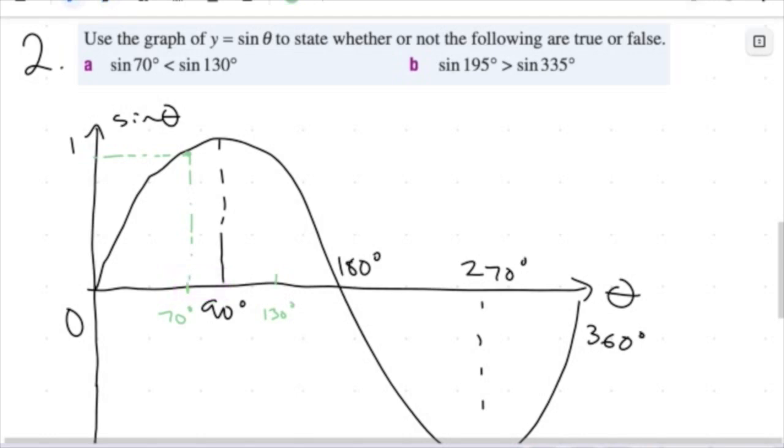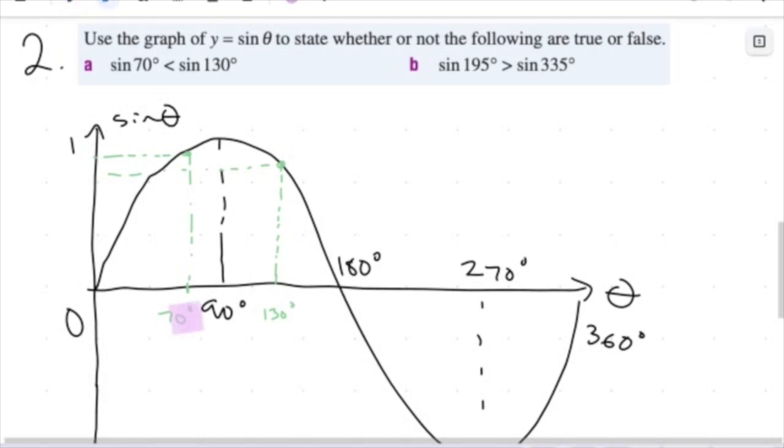So if I draw that up, I'm trying to see which one gives me a bigger trig ratio. And my trig ratios are given on my y-axis. And I can pretty clearly see here that my 70 degree input gives me a larger output than 130 degrees.